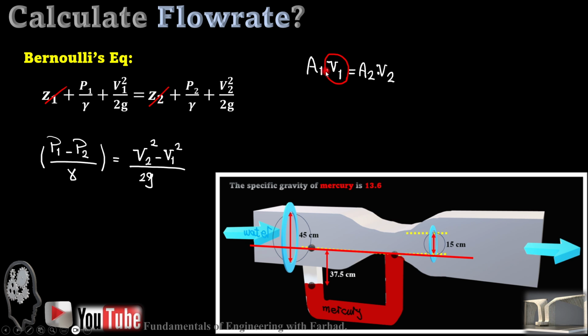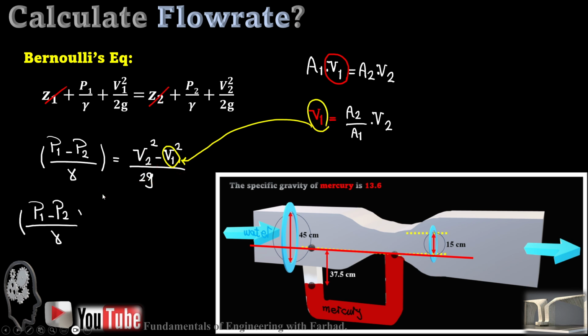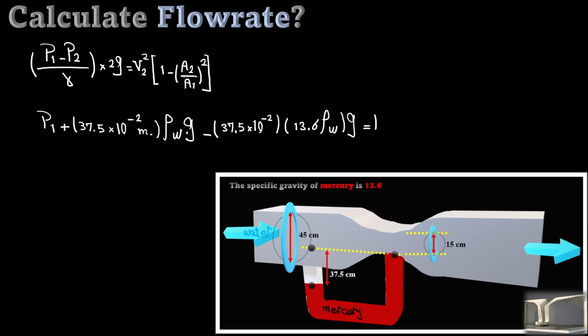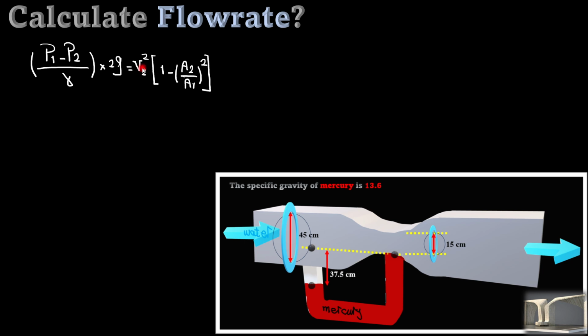If we write V1 based on V2 and replace it in the equation, we get (P1 minus P2) over gamma times 2g equal to V2 squared times the bracket of 1 minus (A2 over A1) squared. As soon as we have this equation, we can see the only unknown is velocity, because the area and pressure we can calculate.